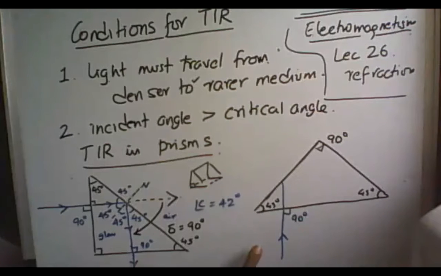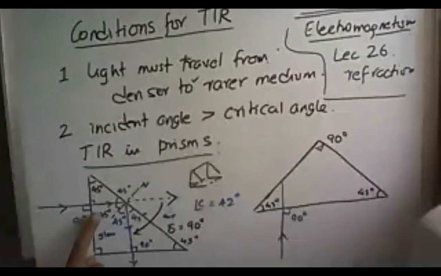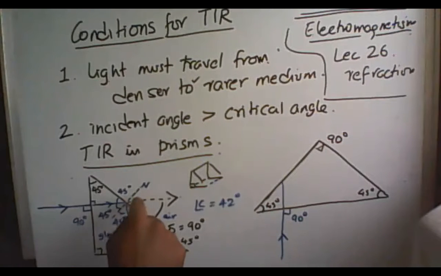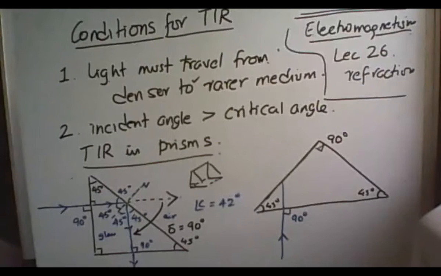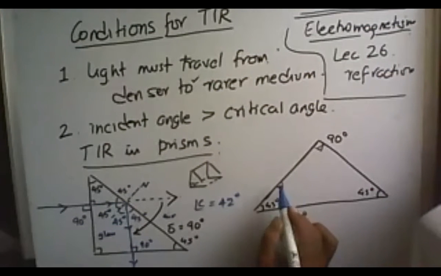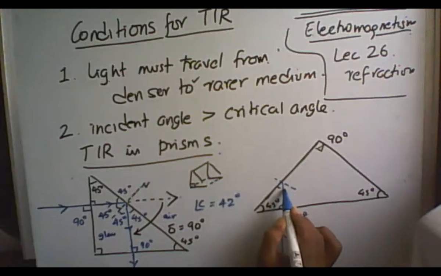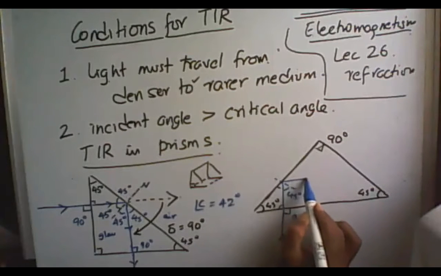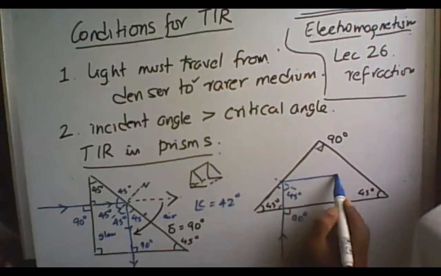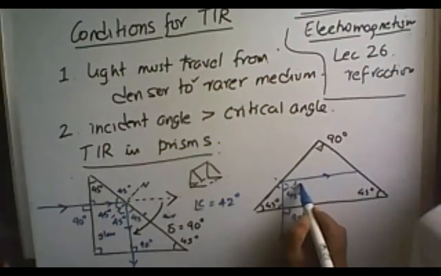Now, since we have already seen over here what happens when a ray of light passes undeviated, and it hits the hypotenuse on the other side, we'll immediately know that this is 90 degrees, this is 45 degrees. And since that is 45 degrees, the angle of incidence is also 45 degrees. So there's going to be a total internal reflection taking place over there.